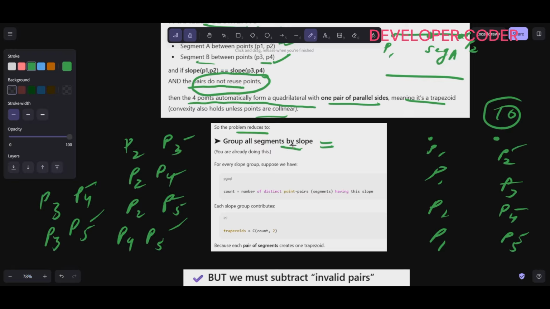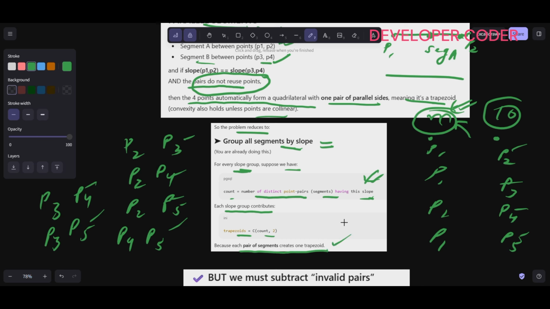So here we have to group all the segments by slope. For every slope group, we have to count the number of distinct point-pair segments having this slope, right? We just have to calculate the segment slope, M. We usually denote slope with M. What is the slope? We will discuss. Okay, and each slope contributes trapezoids equal to count choose 2, because each pair of segments creates one trapezoid.